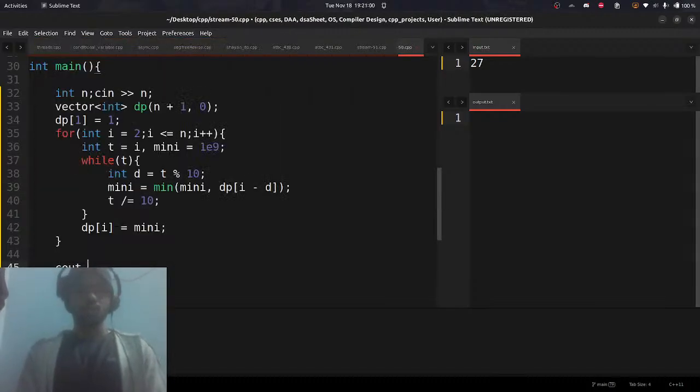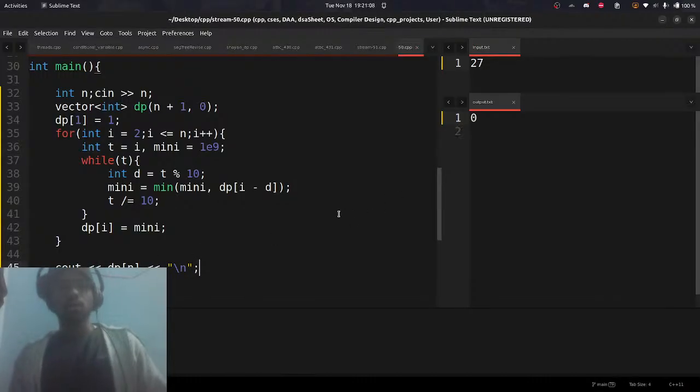And in the end we'll just print dp[n]. Should work. What is the issue?